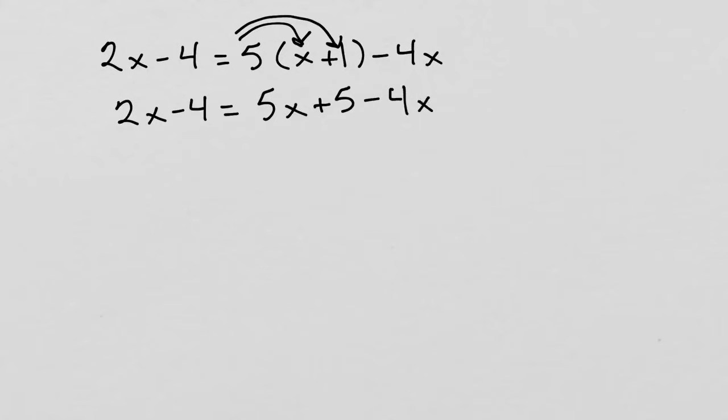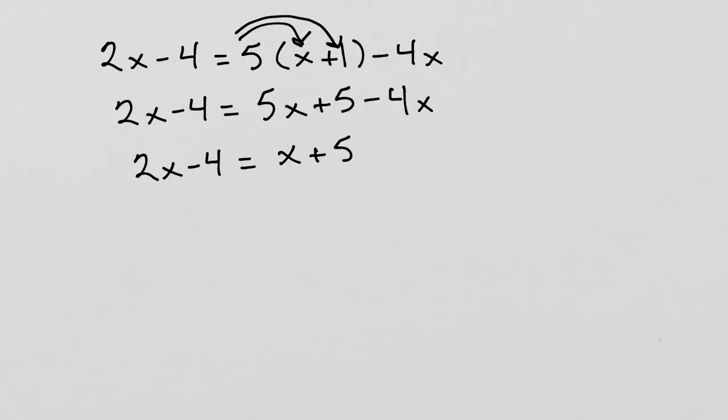Next, we can work on the 5x minus 4x, since they are like terms, to get 1x. 1x is the same as simply x. We now have 2x minus 4 equals x plus 5.